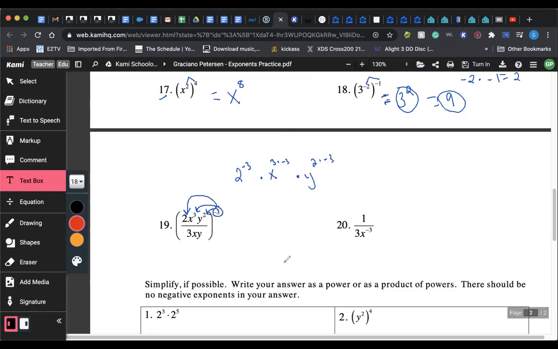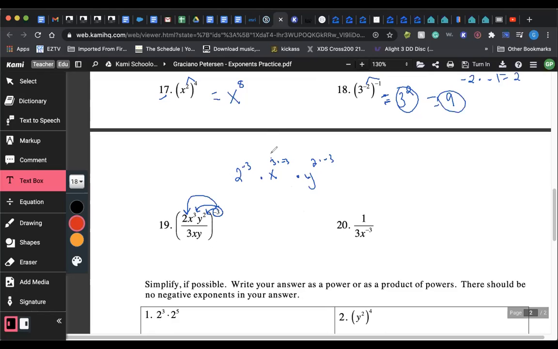We're distributing it, but you don't change anything else.